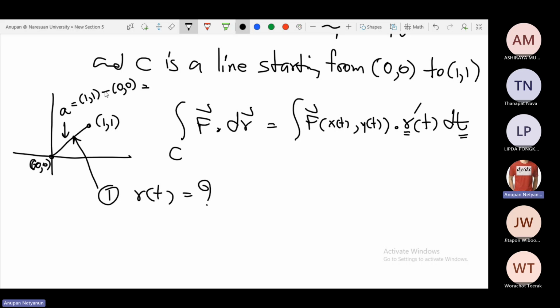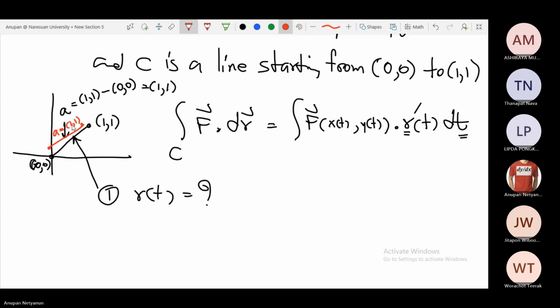So I get 1 minus 0, which is 1, and 1 minus 0, which is 1. So the vector in this direction is A, which is 1, 1.